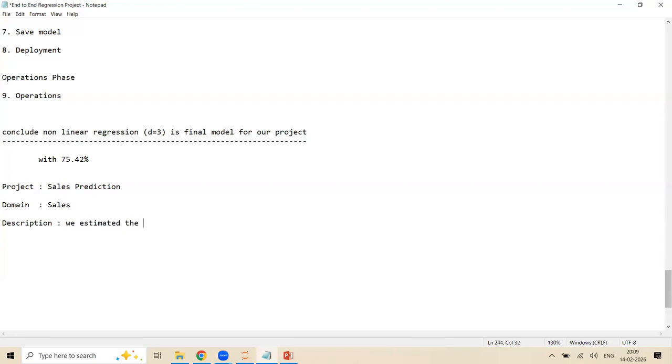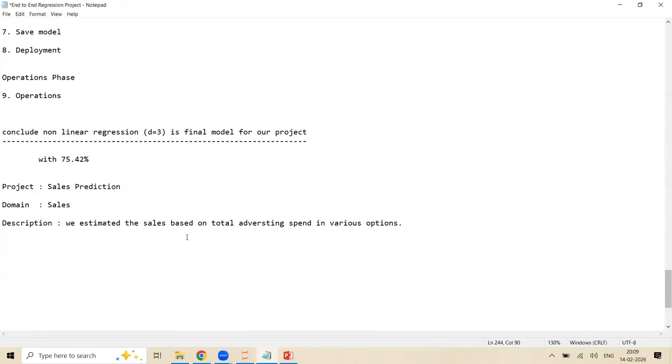We estimated the sales based on the total advertising spend. We estimated the total sales based on the total advertising spend in various sectors or various options, where the advertising spend was done in the various options.